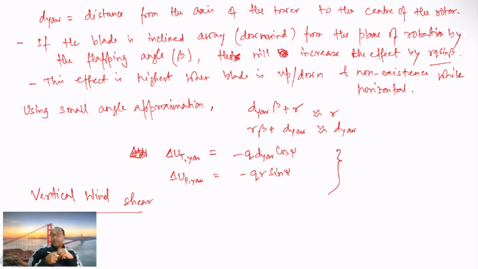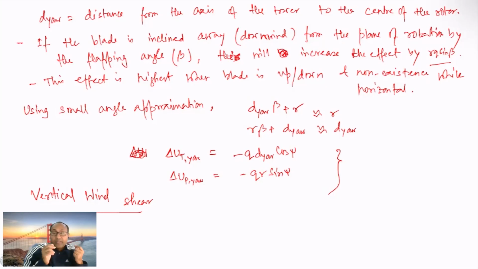Those gradients create a kind of shear stress due to wind velocity, and this is termed wind shear.